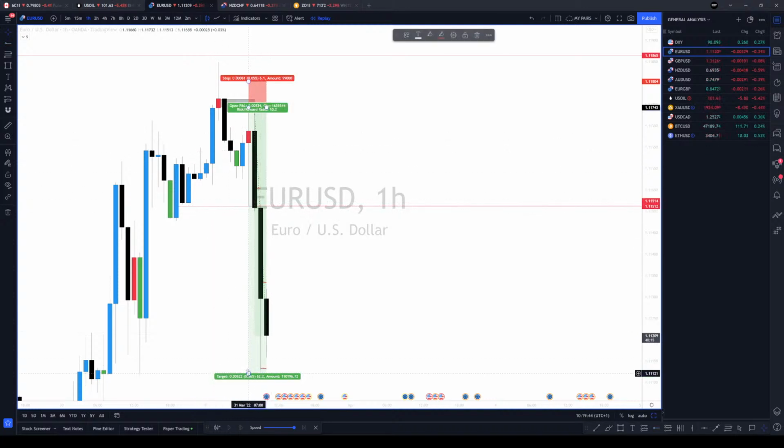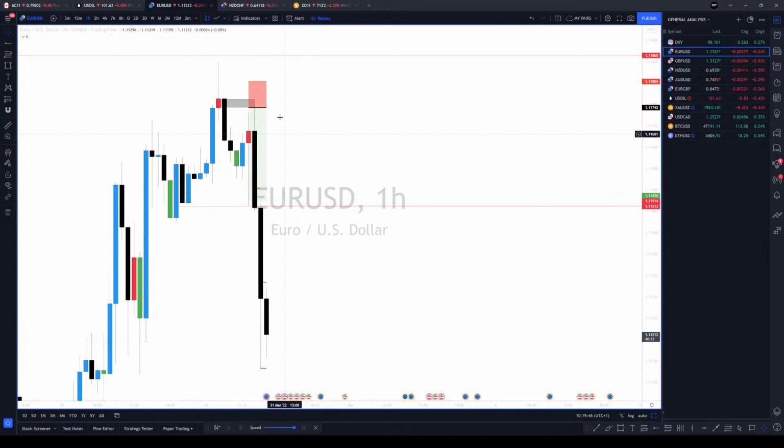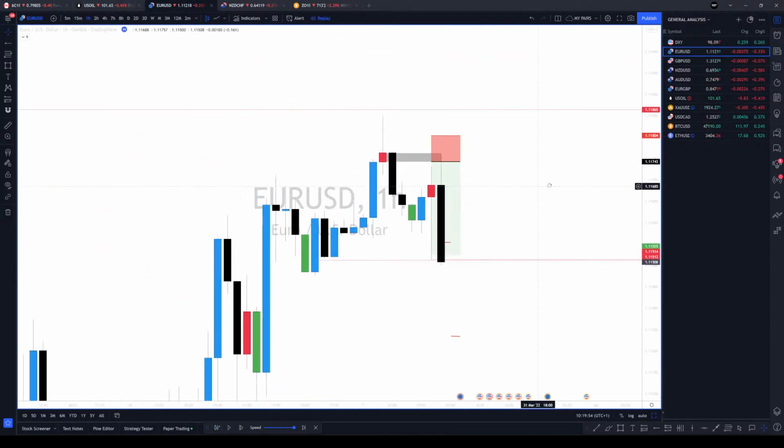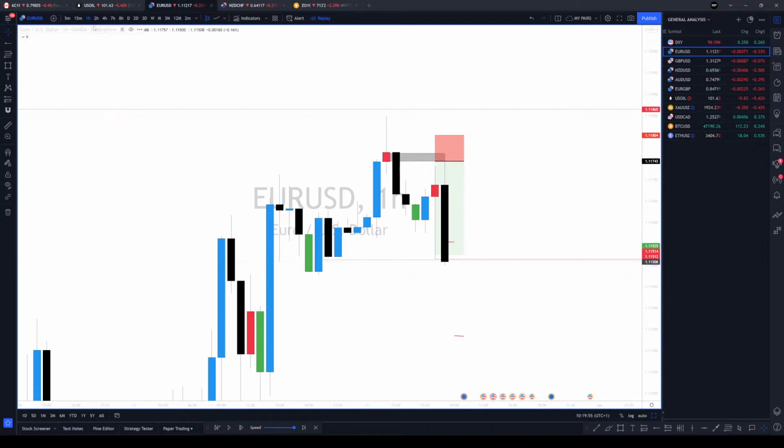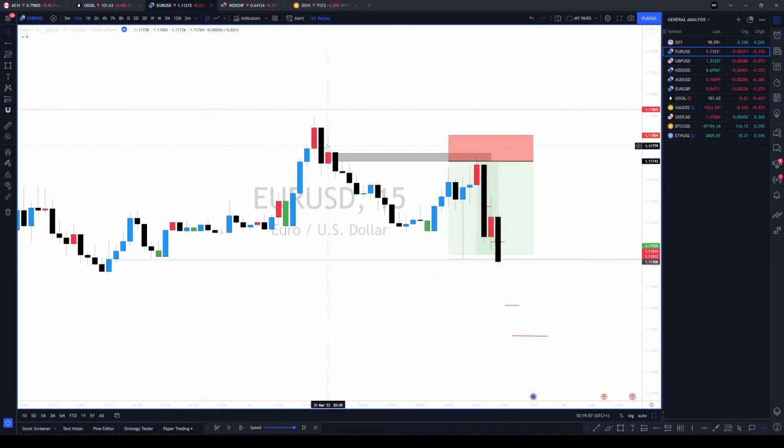So let me bring it back all the way here and chop this thing off. So all you'll be looking for is for price to trade into the order block and find a sniper entry like this and then trade back outside. That's it. That's the whole strategy. There's nothing else you want to do. That is something I am going to use and I'm sharing with you.